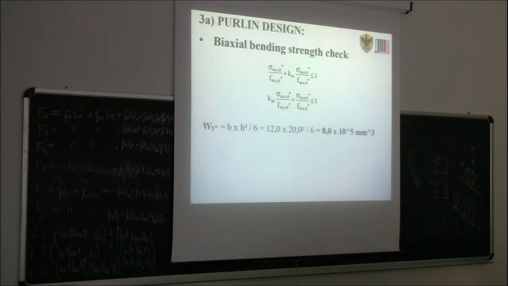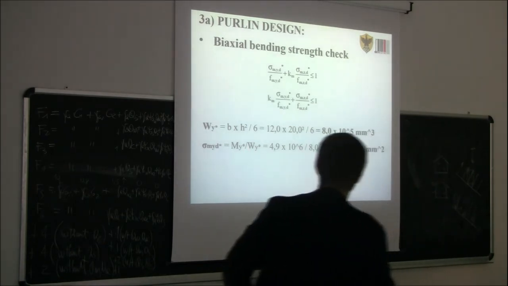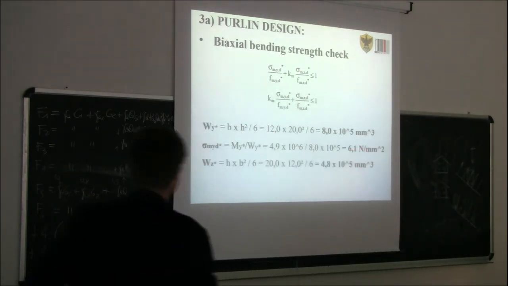So W_y asterisk is b h squared divided by 6. So sigma_m,y,d asterisk is M_y divided by W_y. We get a certain value.